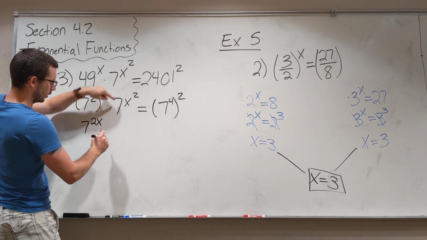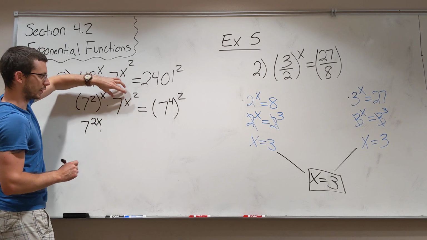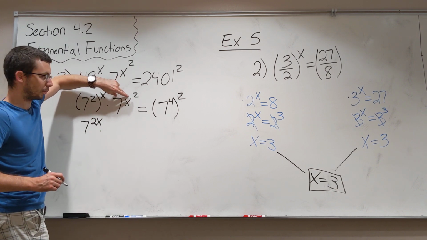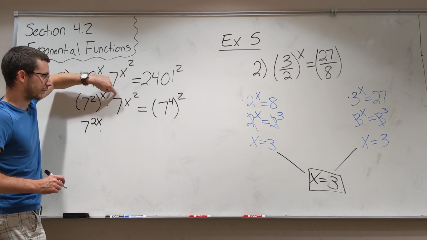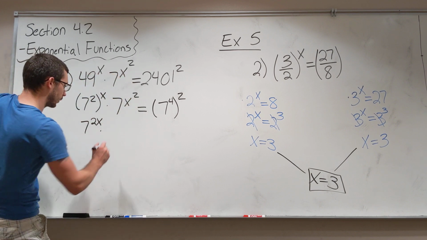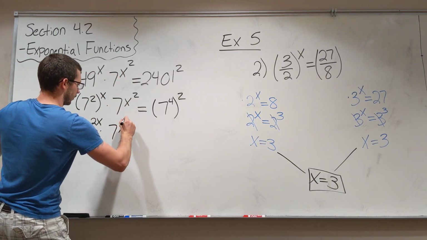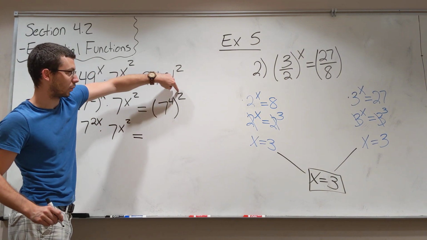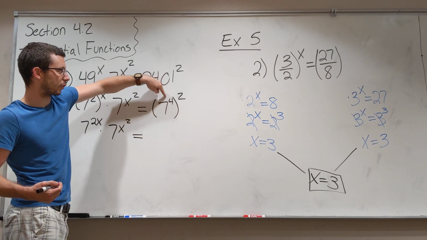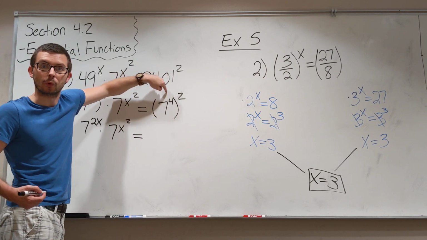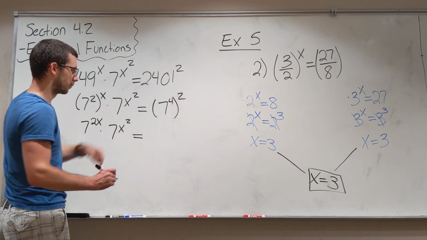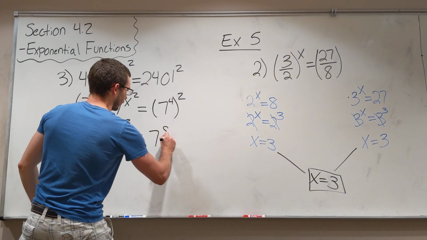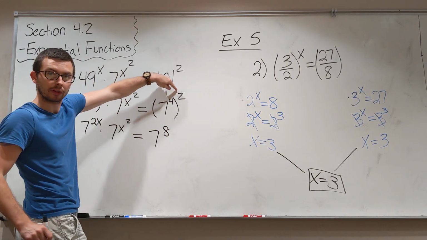So times, over here, this isn't an exponent raised to the 2nd power. This is 7 raised to the x squared. So that stays. But over here, this is an exponent raised to a power, which again, the exponents multiply. It's 4 times 2 in the exponent. That's 7 to the 8. And the 8 is the 4 times 2.